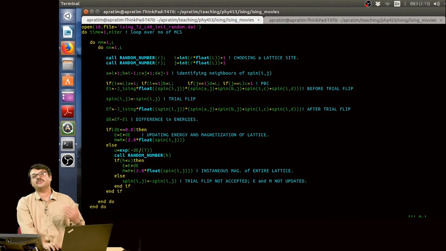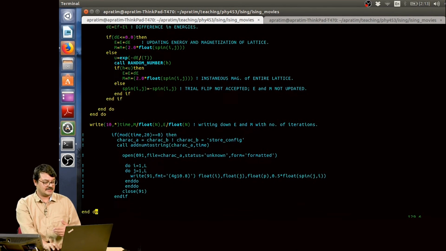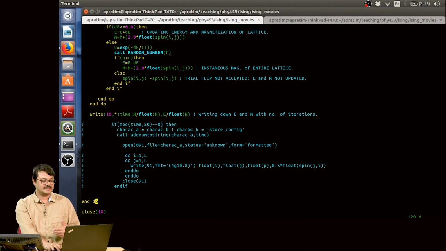Now, you do this nitter times, so this loop over Monte Carlo steps ends here, and you would have written the energy and magnetization after every Monte Carlo step, nitter times, and you can set nitter to be 1000 or 1 lakh or 1 million, it is your choice.